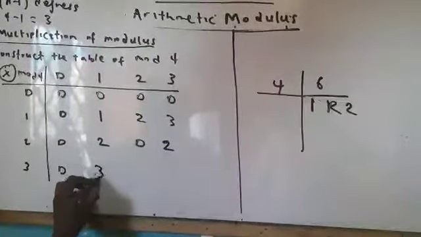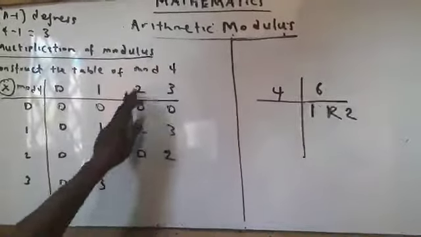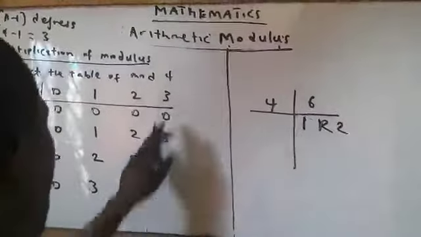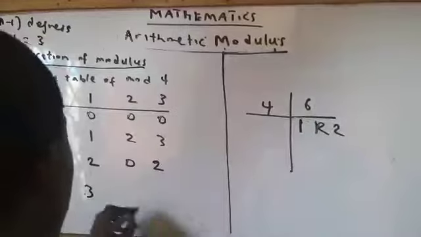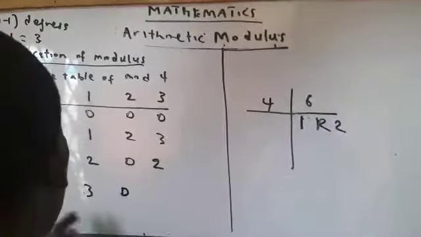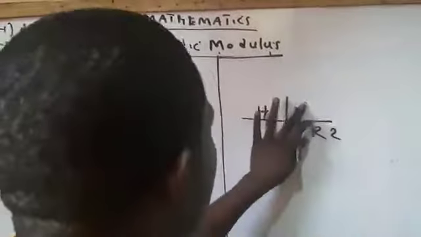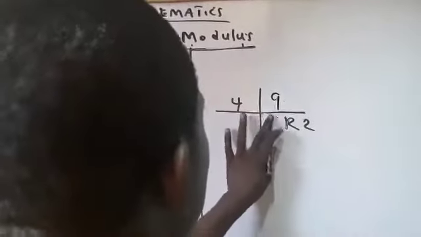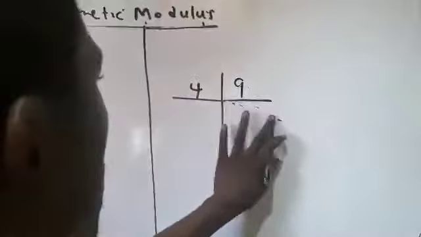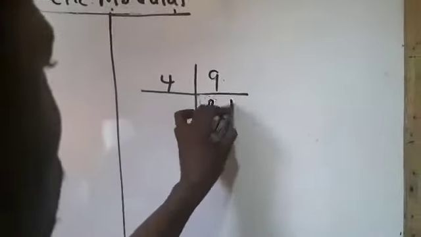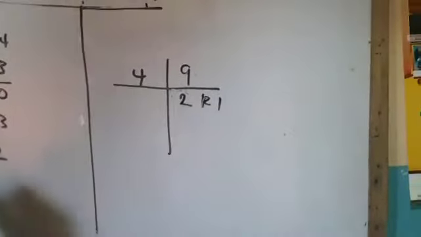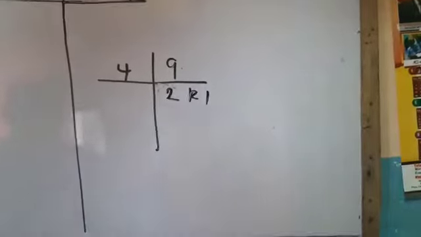This one is 3. This one is 4. Since I'm working in mod 4, here will be 0. 3 times 3 is 9. So I'll come here. This is 9. 4 in 9, that's 2, remainder 1. So here will be 1. So this is how.